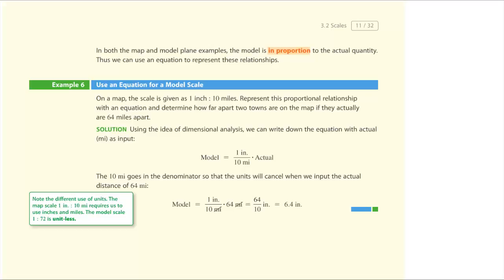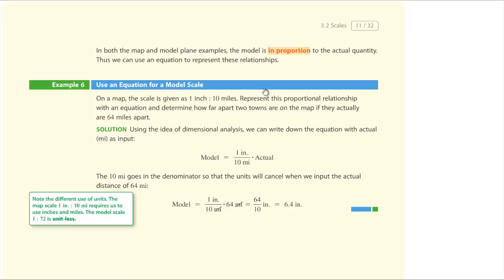Okay, the model scale I talked about where they have two different units of measure. If you want to figure out how big something is, you still can use the conversion line. So on a map, the scale tells you 1 inch equals 10 miles. And you want to figure out how far apart two towns are on the map if they are actually 64 miles apart. Simple. You start with the 64 miles.